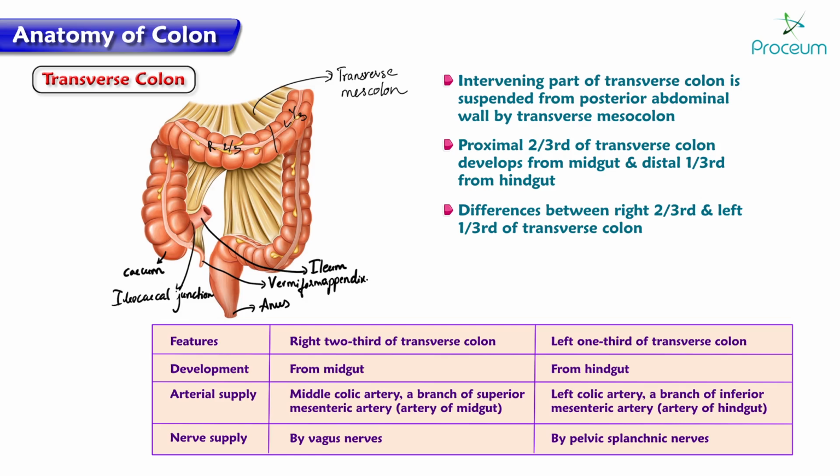Whereas the left 1/3 is supplied by the left colic artery, a branch of the inferior mesenteric artery, which is an artery of the hindgut. Nerve supply: the proximal 2/3 is supplied by the vagus nerve and the distal 1/3 by the pelvic splanchnic nerves.